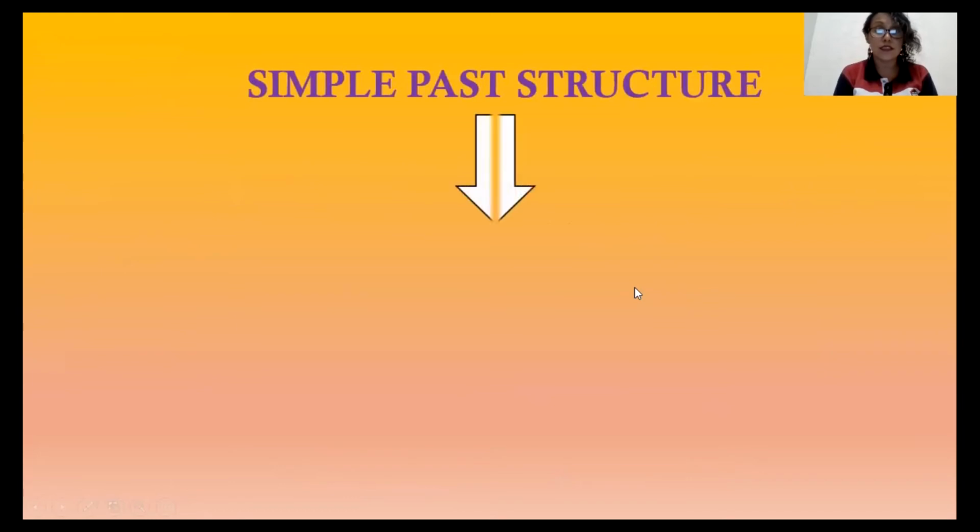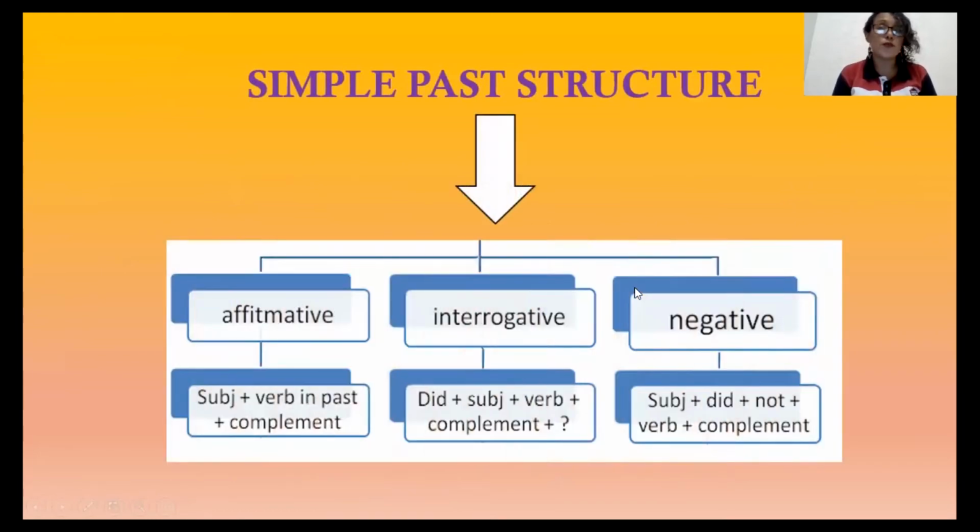So continue with the structure. Simple past. How do we form it? You know this structure. Affirmative. What do we use to make affirmative sentences? Subject, verb in past, and the complement, okay? Remember that you can use in the complement a time expression or an adverbial phrase, yesterday, last year, 2 days ago, etc. Okay? Then for the negative, we are going to use the same subject, but now we are going to use the auxiliary did, and the word not.